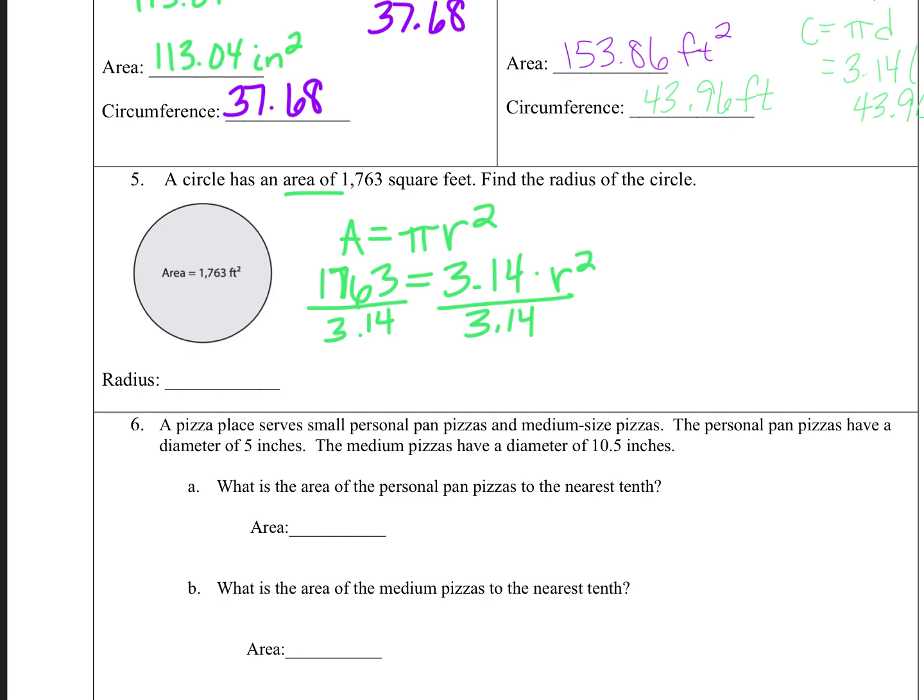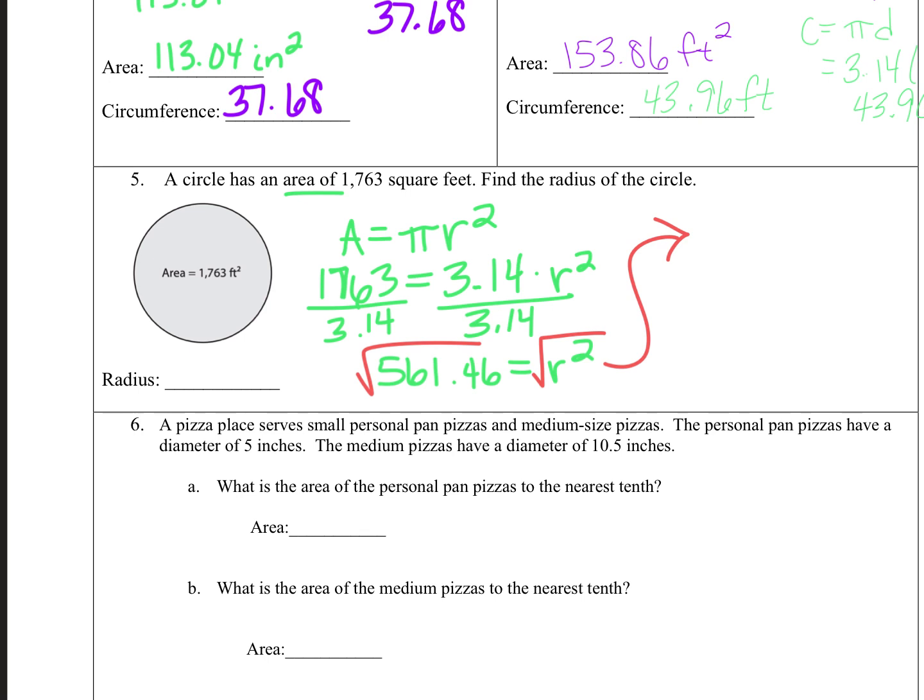1,763 divided by 3.14 gives us a really long number. We're going to round that to 561.46. That equals the radius squared. So then I need to unsquare that. To unsquare that, I take the square root of both sides.